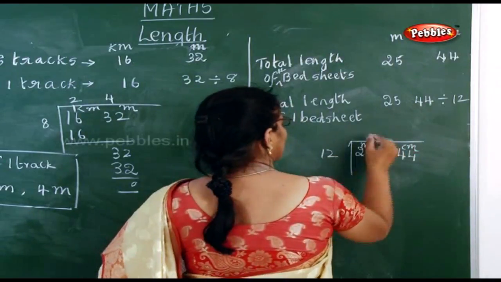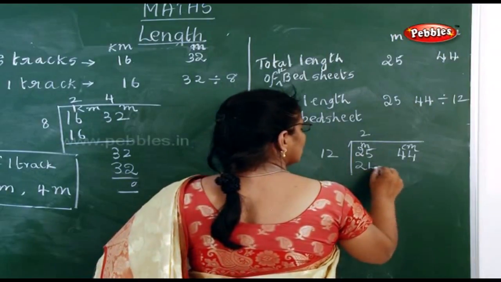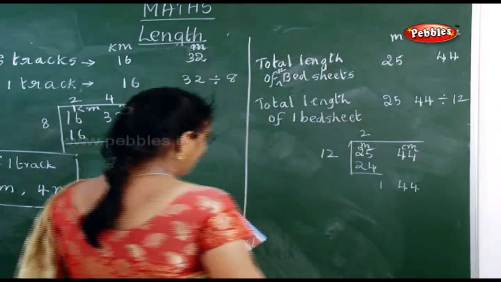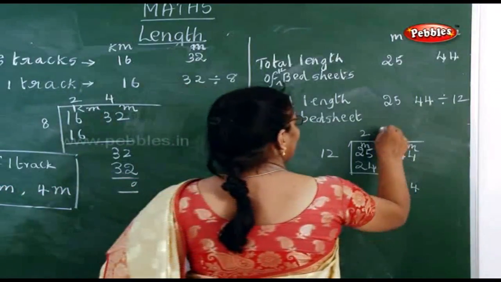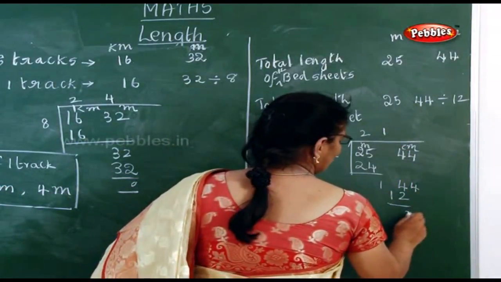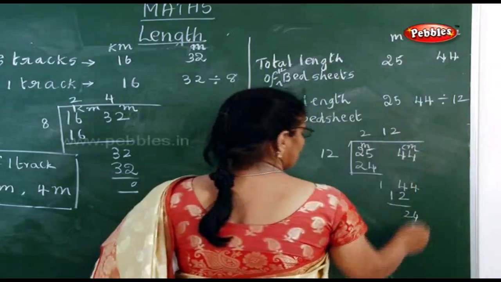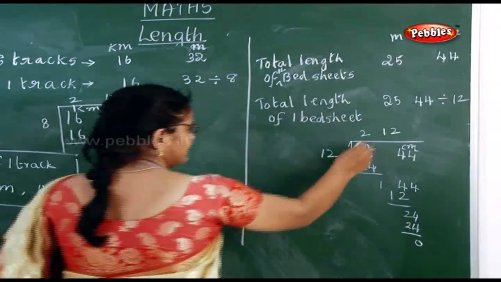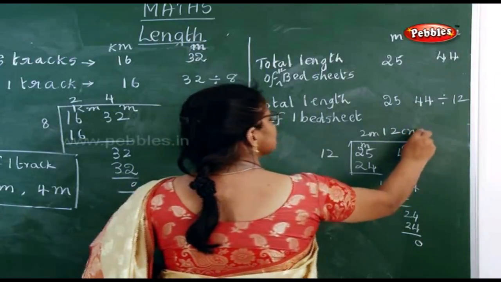So 12 2s are 24. Then here 1 4, 144 means how many times it will go? I think this will go 12 times. One time it will go here. Again 2 4. This will go 2 times. So now what is the answer you will write? It is 2 meter and 12 centimeter.